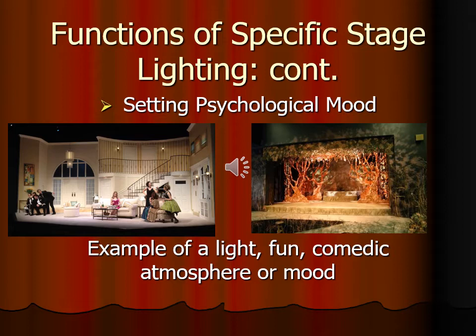If you look back at some of my other images of shows, for example, in set design, you will see moody, dark. We respond to light intensity and color in a very natural, quick way. So it is a shorthand to use with the audience as far as setting that psychological mood.